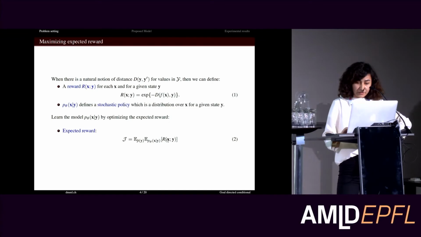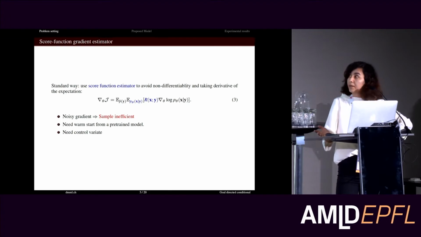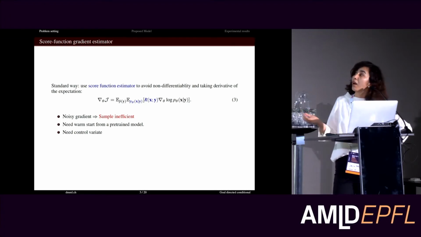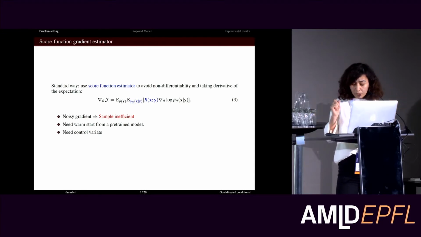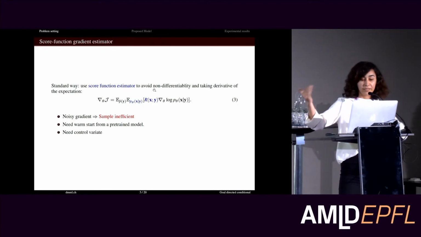But since R has this oracle function, which is software, it's not differentiable. So what we can do is obviously the score function estimator. But as is known, it has high variance. In this case, we have this RNN which models the distribution, and we have to sample a lot of molecules from the RNN, send them to the software, and evaluate the reward.